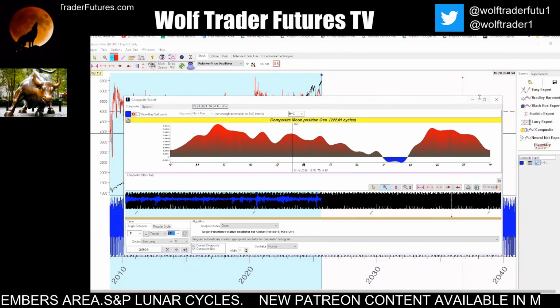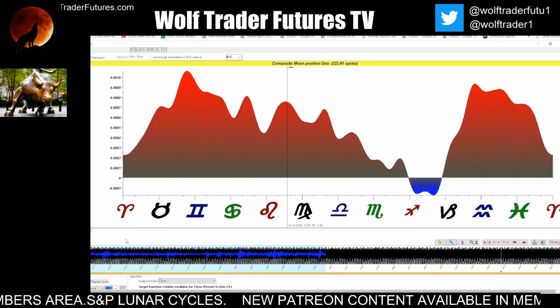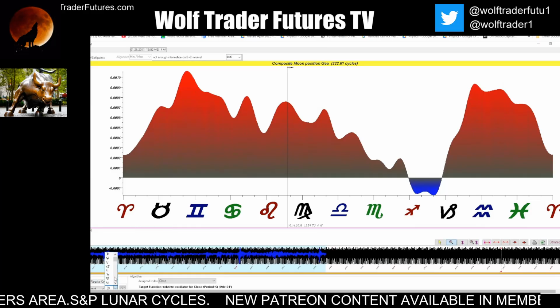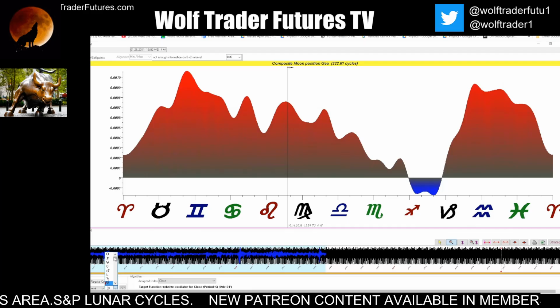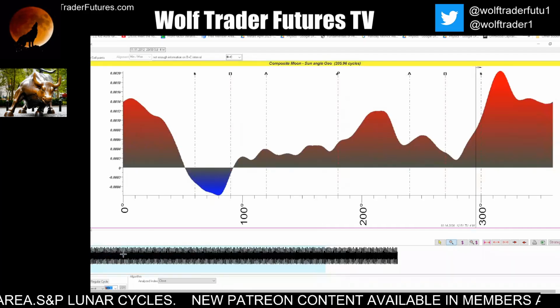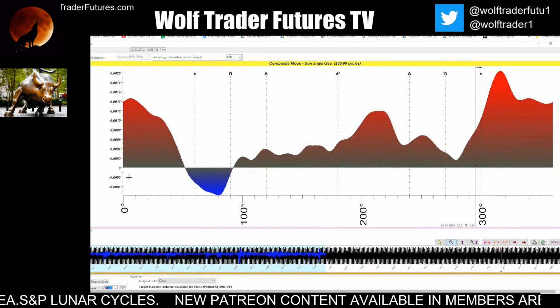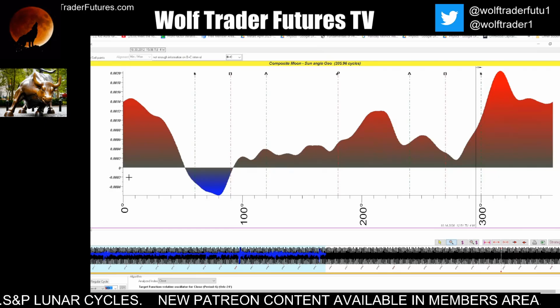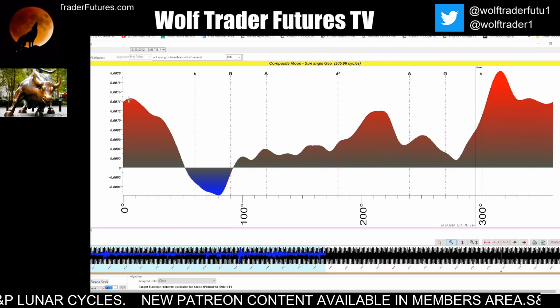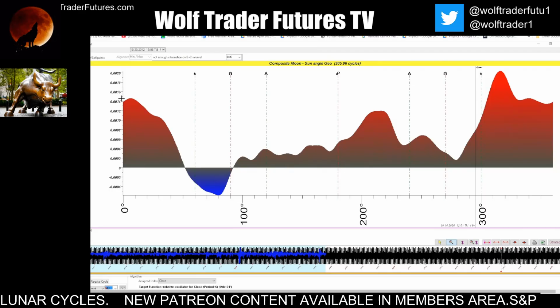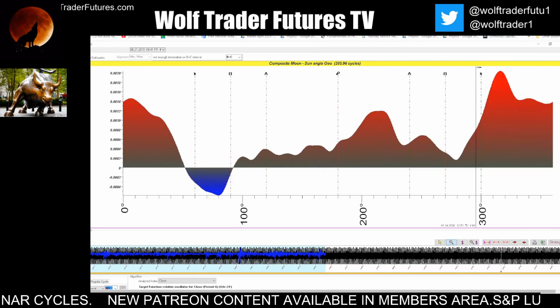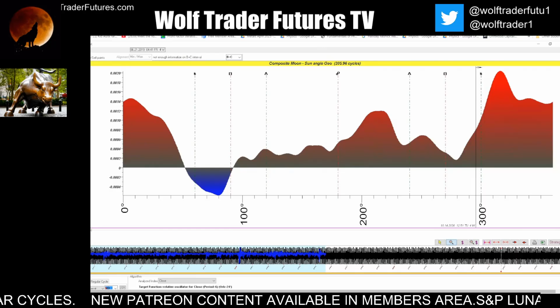So that's the moon as it moves through the signs. The next thing I want to do is look at the moon as it passes through aspects with the sun. This is for the S&P. Let me explain what this is. This is a new moon over here, and these are different degrees that it makes.